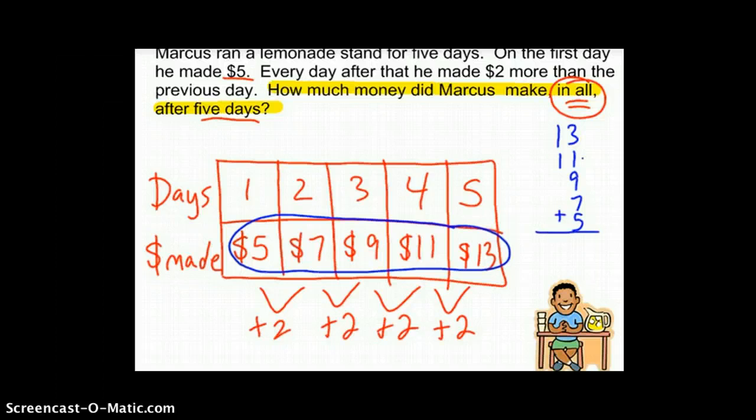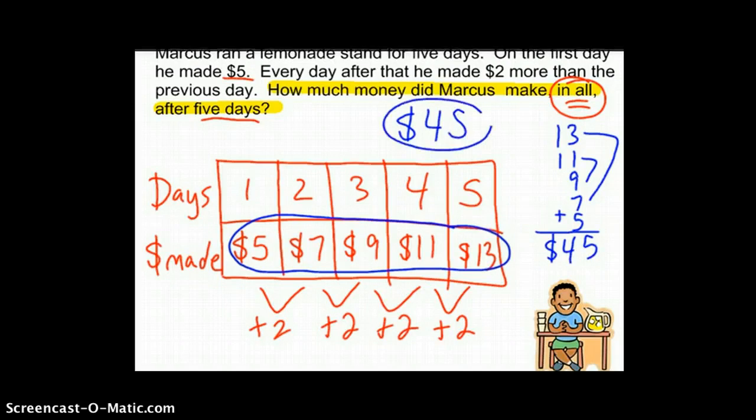To add these quickly, I see that if I combine these two numbers, I get 20. If I combine these two numbers, I get 20. 20 and 20 is 40. Plus 5 is 45. $45, that's our answer. So Marcus, for the week in all, made $45. And that's how you can use the strategy, make a table, in solving a problem.